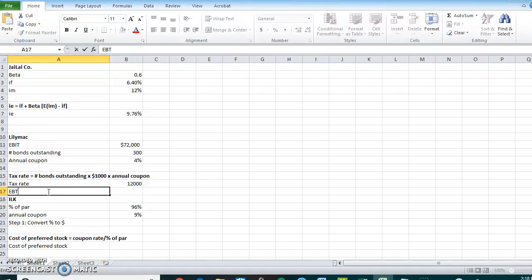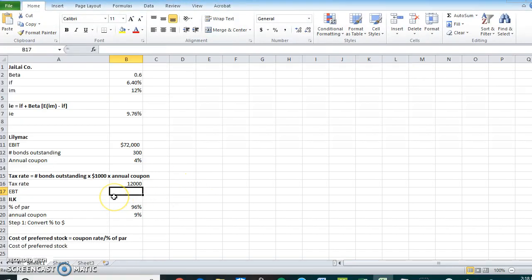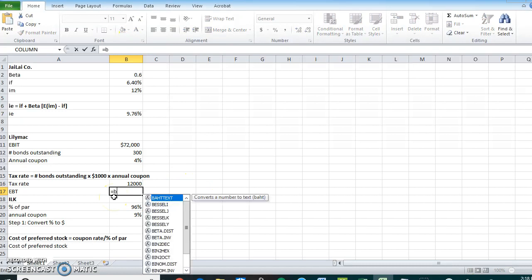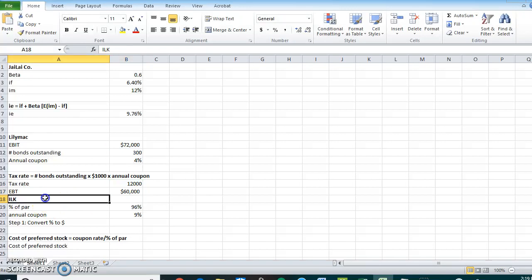So EBT equals EBIT, which is B11, minus our interest, or our taxable amount, which is B16. So that leaves us with 60,000.